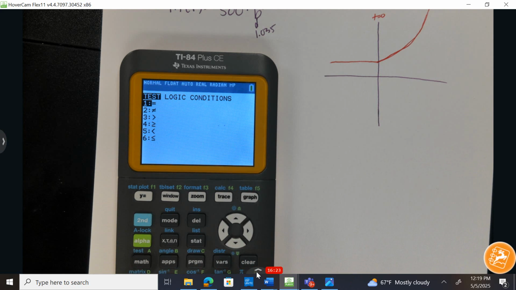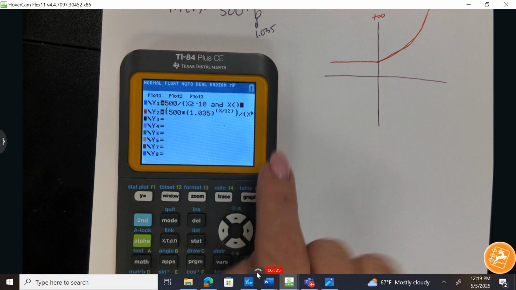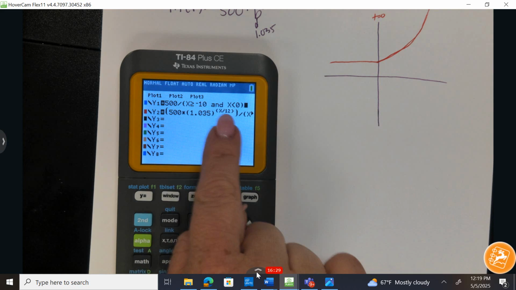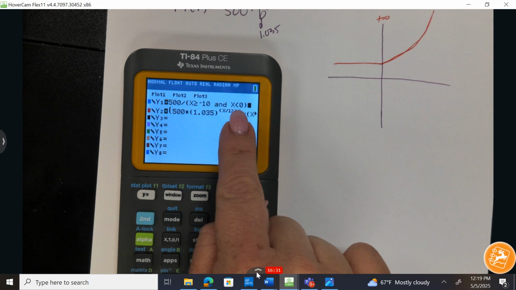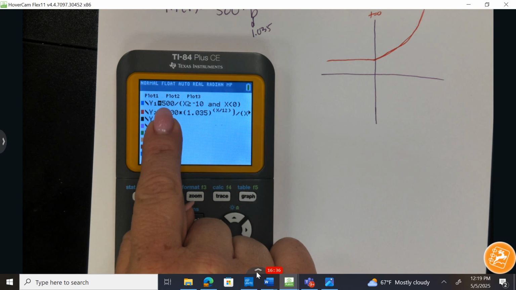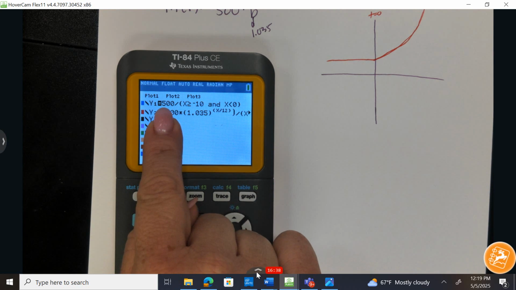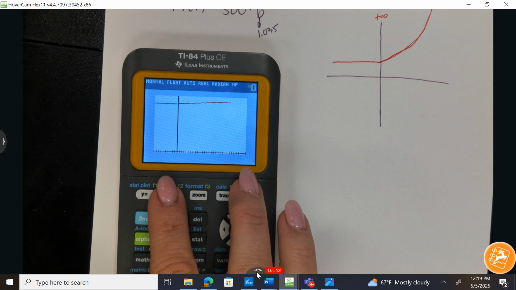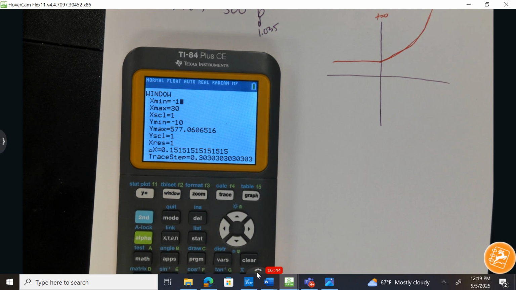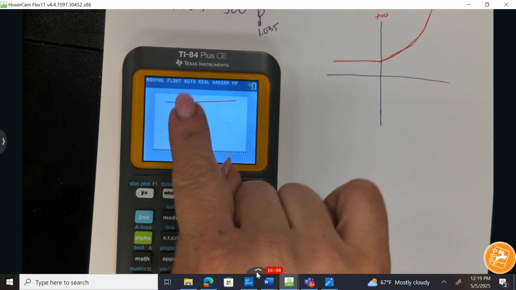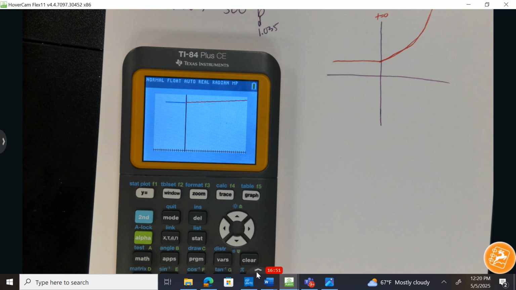So between, I forgot the number there. There we go. So from -10 all the way up to 0, but not including 0, it's going to be at $500. The first 10 months they had this $500 and it wasn't invested. And it'll look like this. And if I go far enough to the left, let's go to -15, you can see that. So here's where $500 was invested, and it's gradually growing with interest.